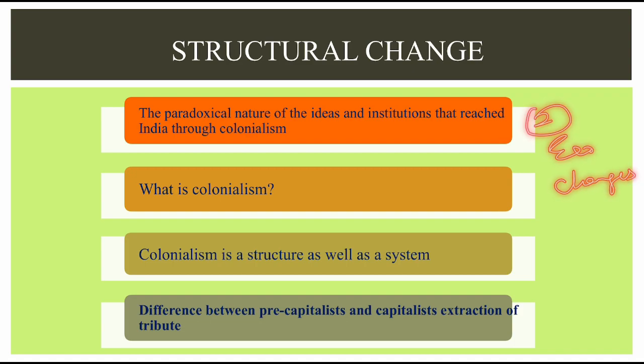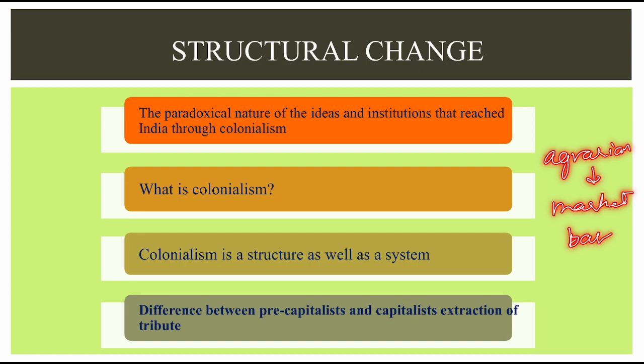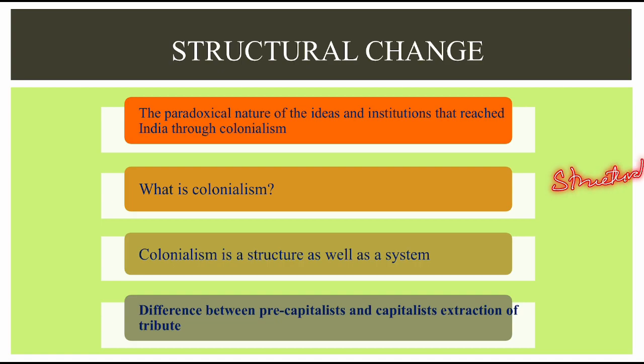By economic changes, I'm talking about the transformation of the Indian economy from a primarily agrarian one to a market-based system and with a capitalist mode of economic production. The social structural changes, we can say, are industrialization coupled with urbanization. So this is the structural aspect of colonization.